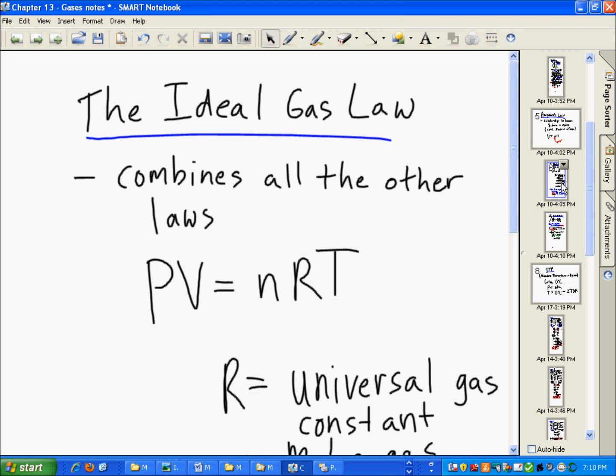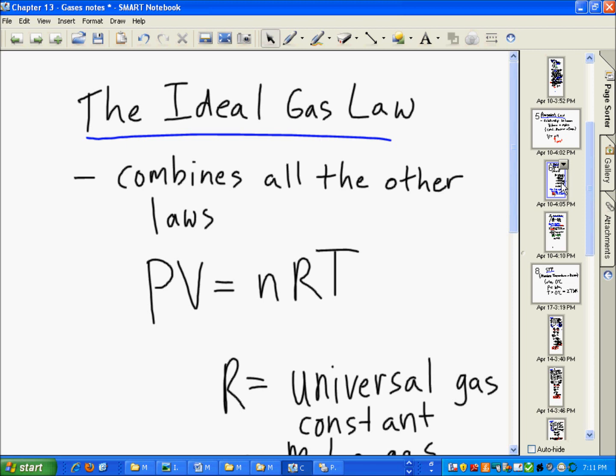So it turns out that the ideal gas law is really an approximation, because in reality gases do have volume, and big gas molecules will behave differently from little gas molecules. Gas molecules that are sticky will behave differently from gas molecules that aren't. So the ideal gas law is really an approximation.